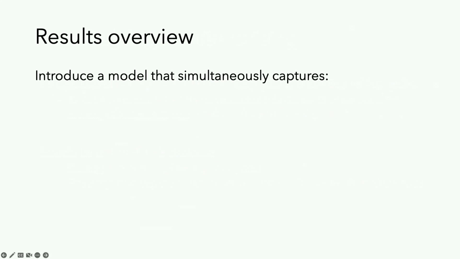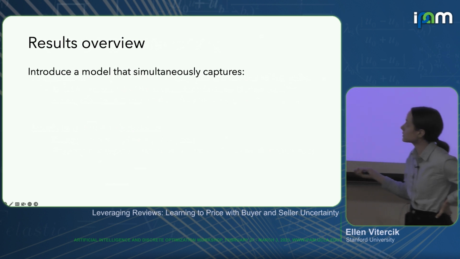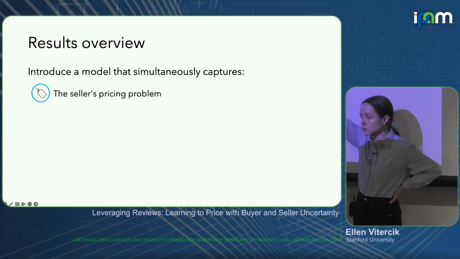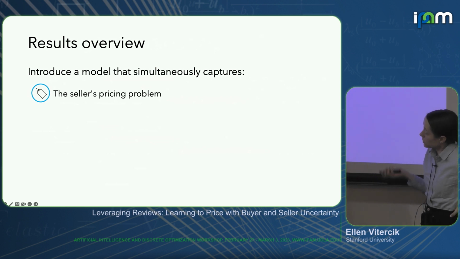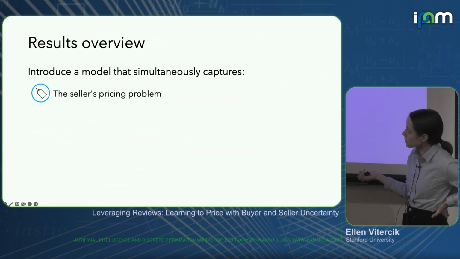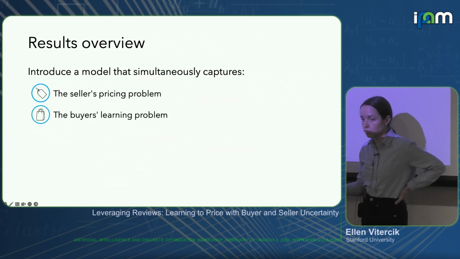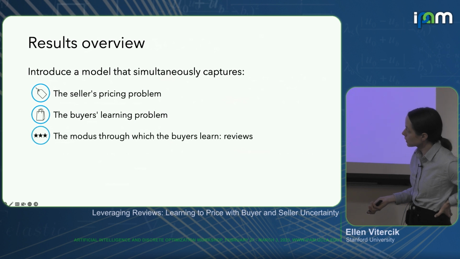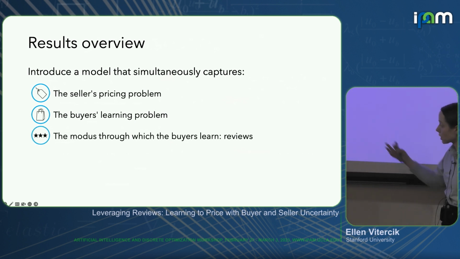So to give an overview of the results, in this work, we introduce a model that simultaneously captures, first, the seller's pricing problem, when they're trying to decide how to set the price of the items for sale; the buyer's learning problem, because the buyers are learning from reviews about their values; and then finally, the mechanism through which the buyers are learning, which are the reviews.